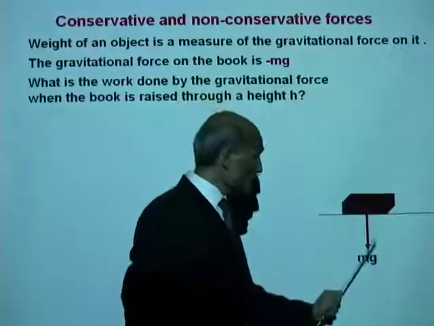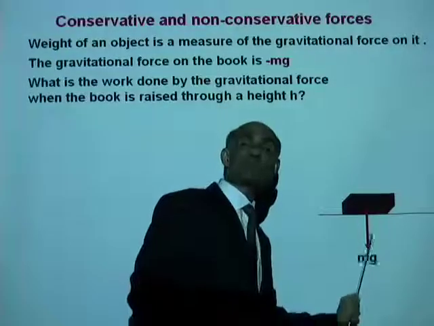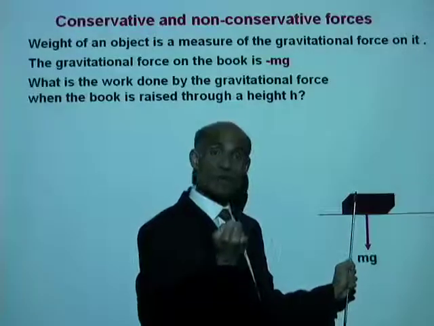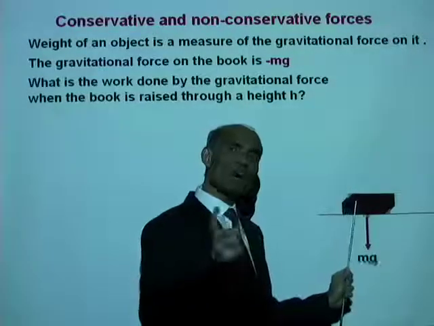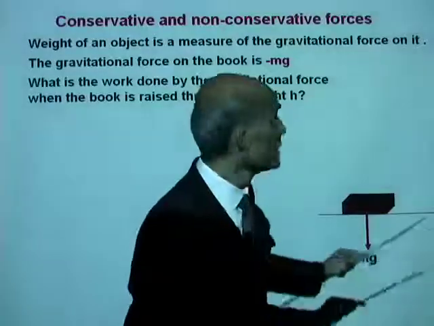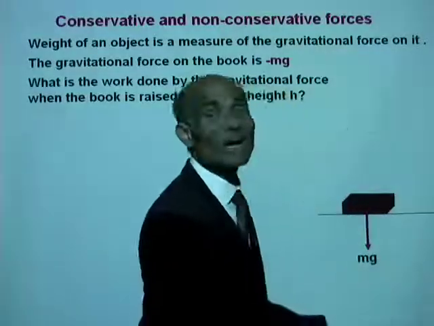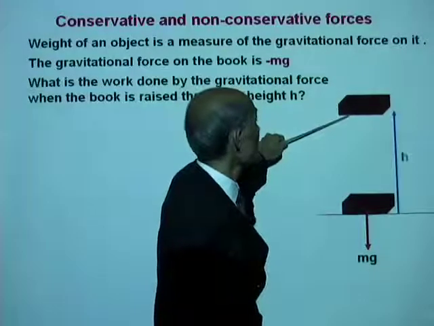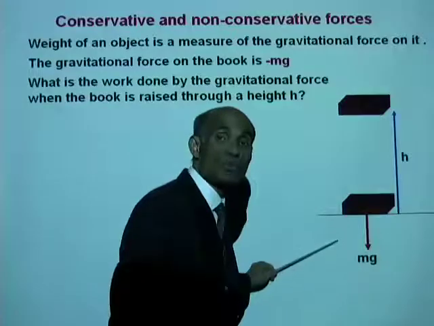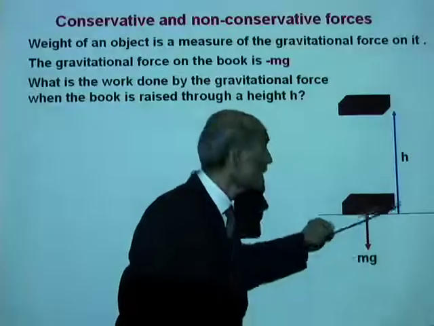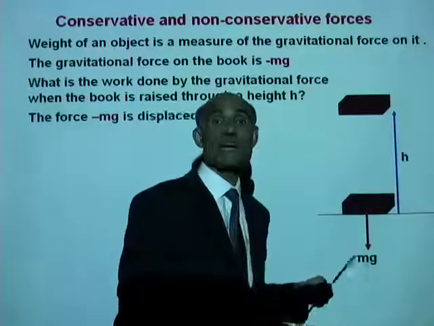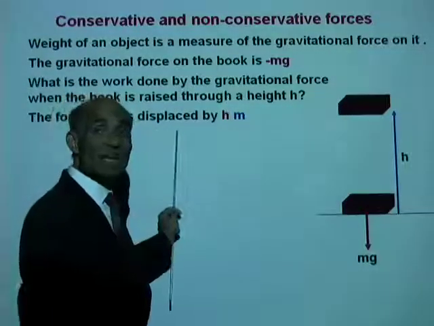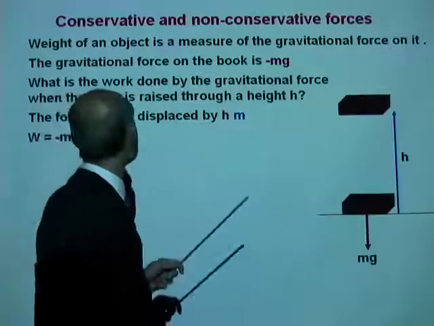Okay, now tell me, if negative mg is the weight of the book, which is the gravitational force on the book, what is the work done by that gravitational force when you raise the book through a height h? When you raise the book through a height h, this gravitational force, which is negative mg, has been moved through a height h, or negative mg is displaced by h meter.